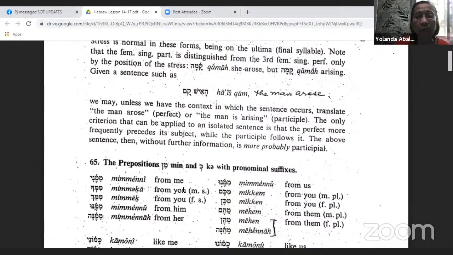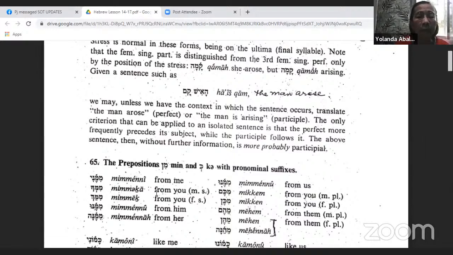Mimeka, from you man. Mikem, from you men. Mimek, from you woman. Miken, from you women. Mimenu, mimeno, from him. Mehem, from them, from the men.